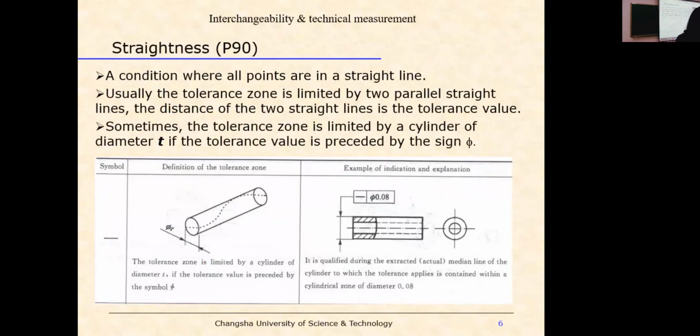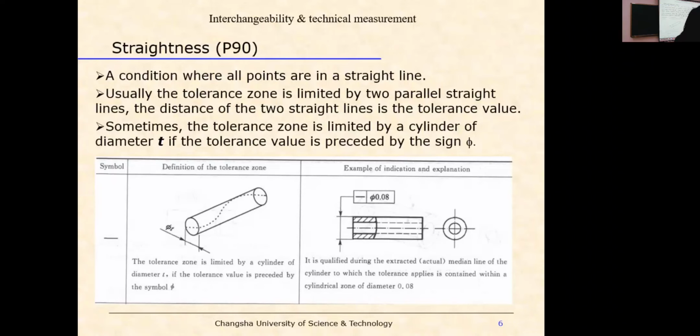Usually, the tolerance zone is limited by two parallel straight lines, like this one. Sometimes the tolerance zone is limited by a cylinder of diameter t if the tolerance value is preceded by phi, right? Like this one, this is the cylinder. And so this describes the axis tolerance, right?